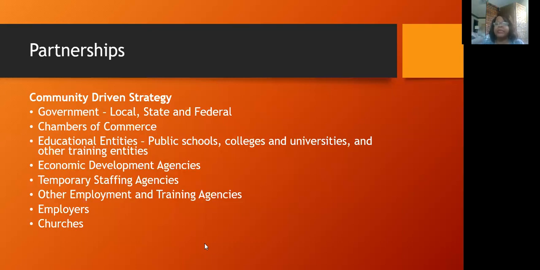One of the reasons temporary staffing agencies are important is if you can develop an effective partnership with a staffing agency who will agree to work with you and a certain employer who may have a specific need for individuals who are trained, then you can work with that staffing agency.